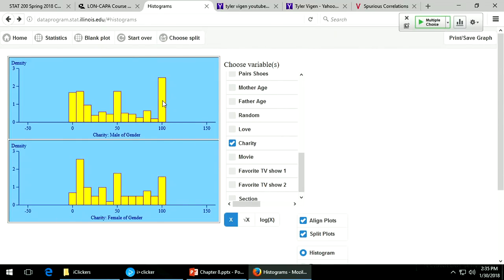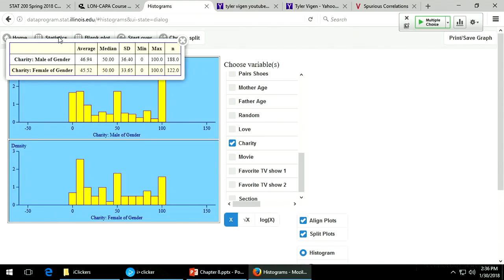Boy, a lot more men said 100%, but a lot more said 0% too, right? They're not going to give a dime away. So it's on either end, so it's hard to tell what the average is. Let's look at the stats. Males were more generous on average. Look at that, almost 47 versus 45.5 for the average amount of money they'd give away. The median was the same, 50. Wow, that's interesting. So we were wrong, stereotyping like that.